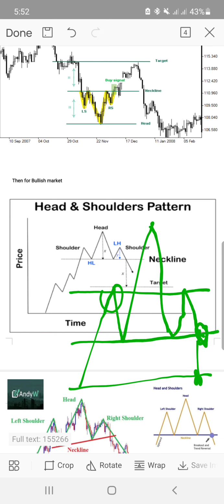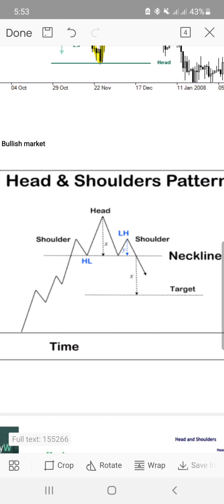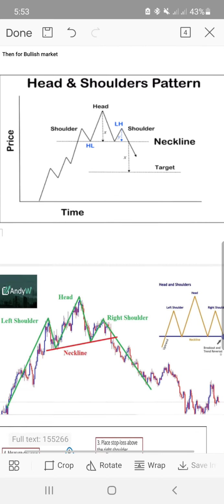Around this region should be your take profit, just as you can see in this example. You understand? This is our left shoulder, right shoulder, and our head, right? Then targets, then this line, our neckline, right? So these are just some of the things.